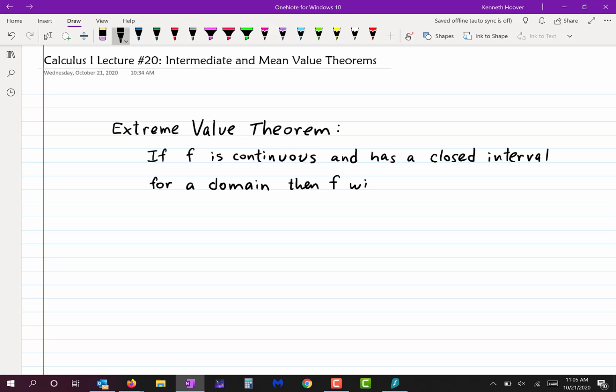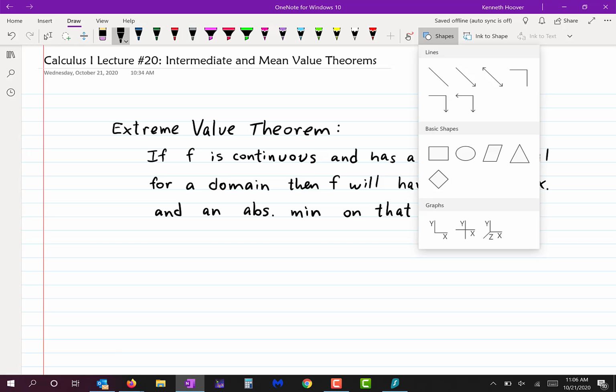f will have an absolute max and an absolute min on that domain. Okay, so let's go ahead and draw a picture here.